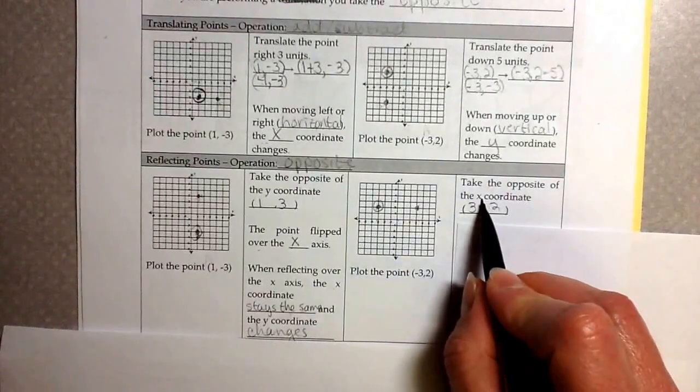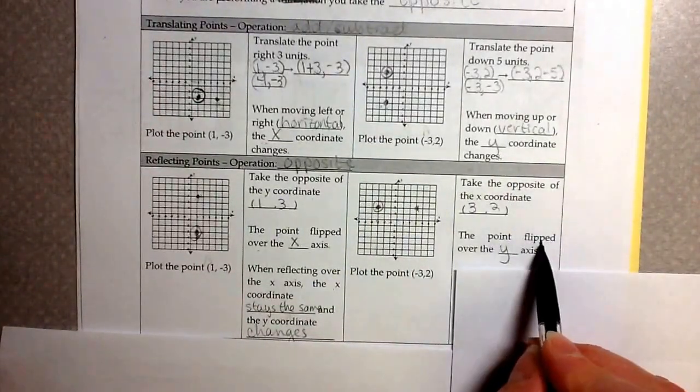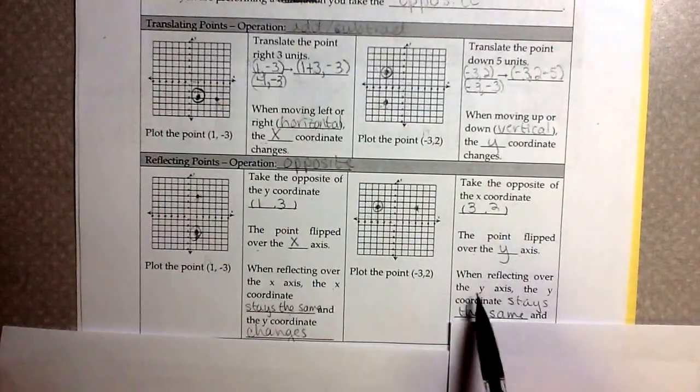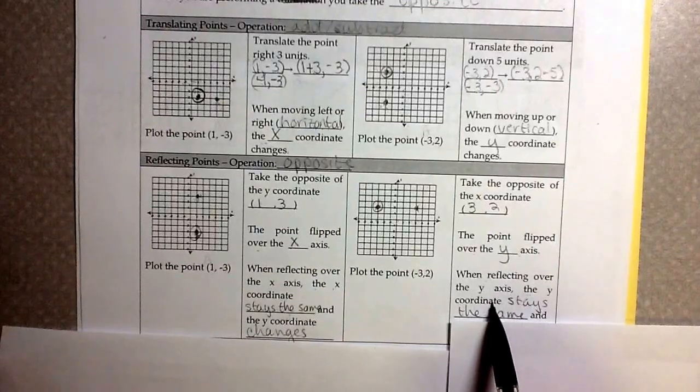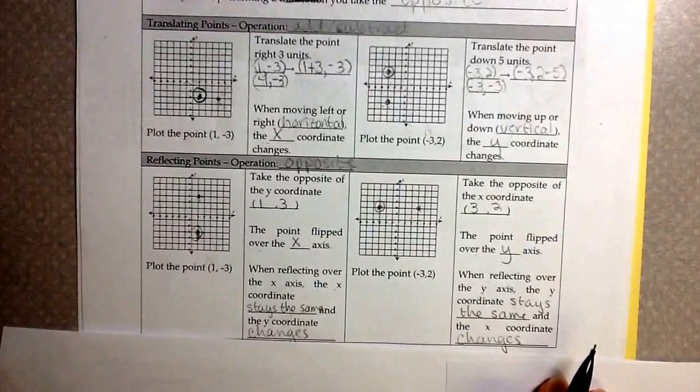When we took the opposite of x, it reflected across the y. So when you reflect over the y-axis, the y-coordinate stays the same, and the x-coordinate changes. Okay, so keep those things in mind.